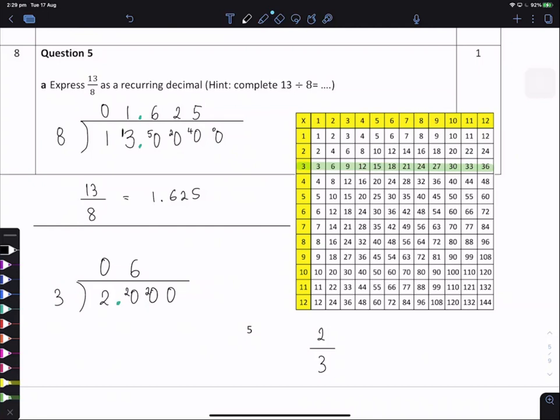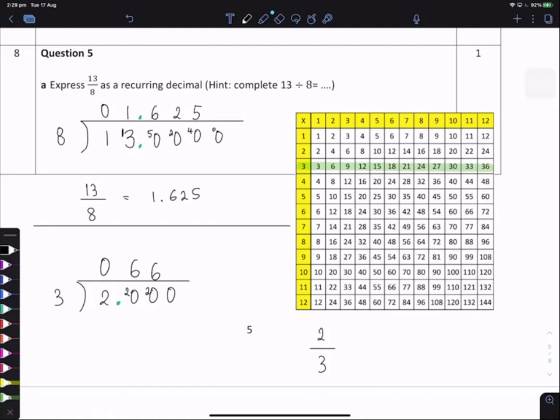Oh, okay. So then our number becomes 20 again. So what number should go at the top then? How many times does 3 go into 20? 6. Oh, okay. That's strange.